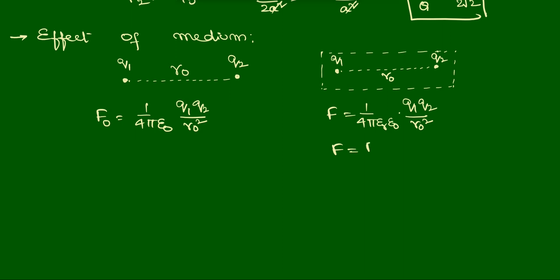So F can be written as F naught by epsilon R, which is less than F naught. So if the medium changes, the net force will decrease.